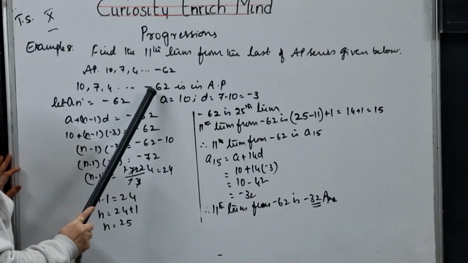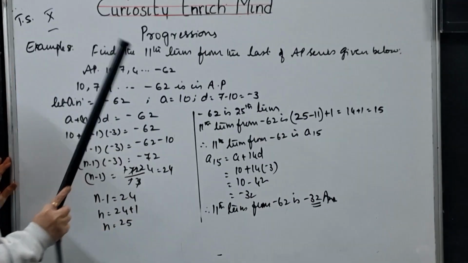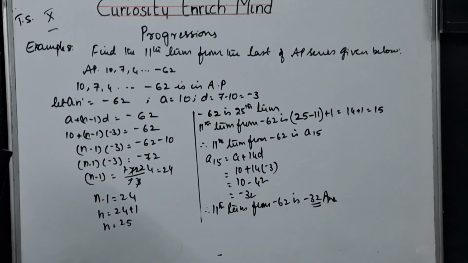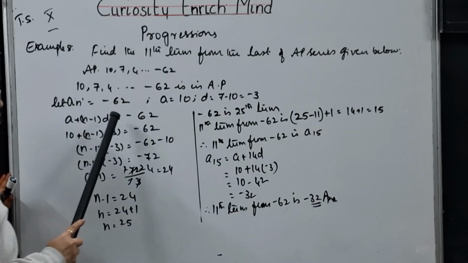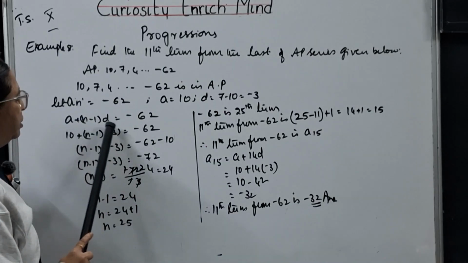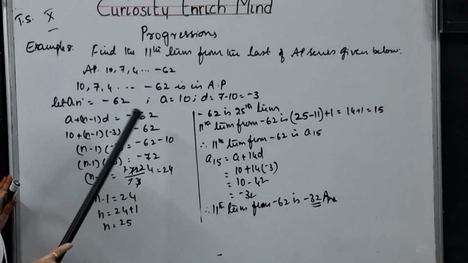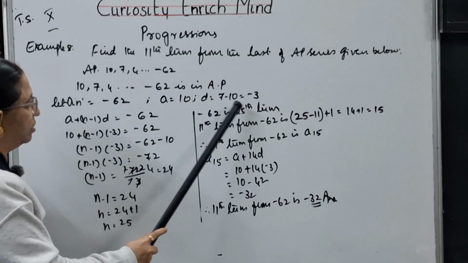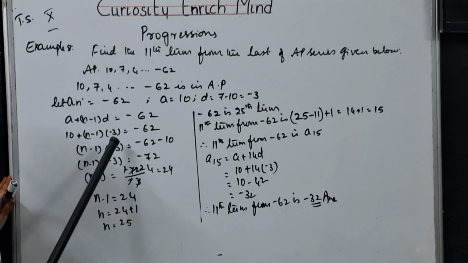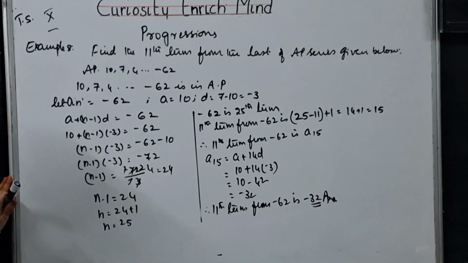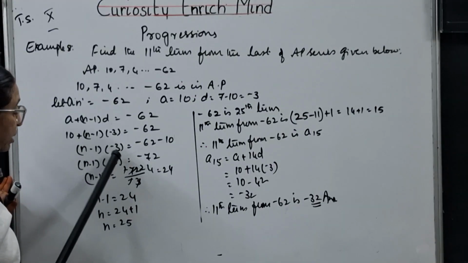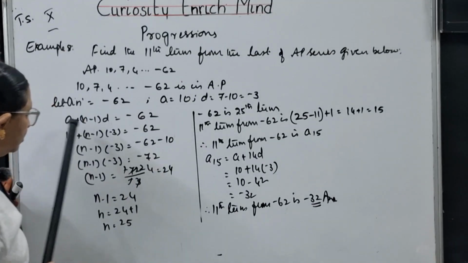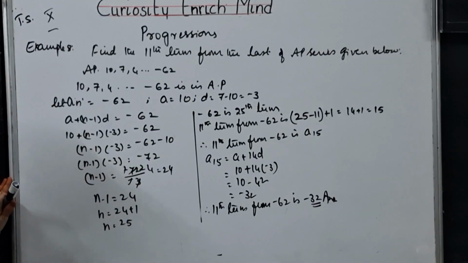So take minus 62. First, let us find out which term of this AP is minus 62. So we are supposing an is equal to minus 62. So a plus n minus 1 into d is minus 62. A is 10, d is minus 3. So 10 plus n minus 1 into minus 3 is minus 62. So n minus 1 into minus 3 is minus 62, and when 10 goes to the other side it becomes minus 10.